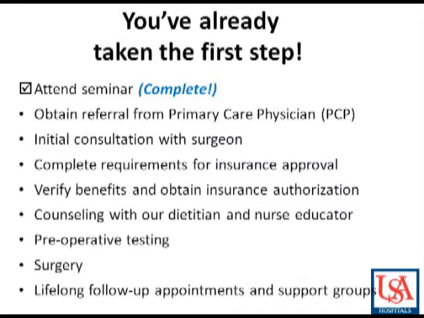So I go over all these things and make a determination about what type of surgery is good for your particular situation. Verify benefits and obtain insurance authorization. That's usually the hardest thing. Counseling, preoperative testing, surgery, lifelong follow-up. We really try to follow our patients lifelong to try to get an idea of how they're doing and lifelong sort of care.